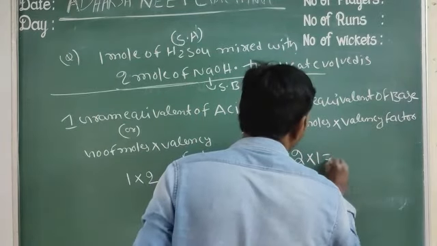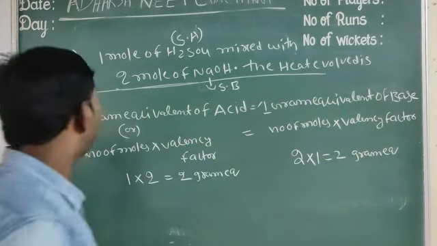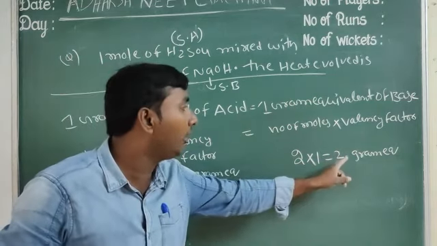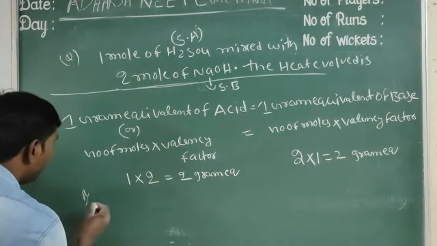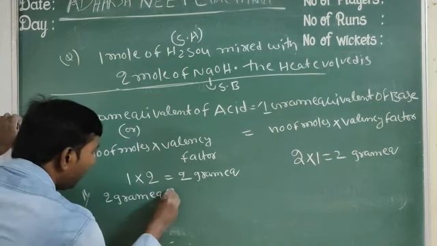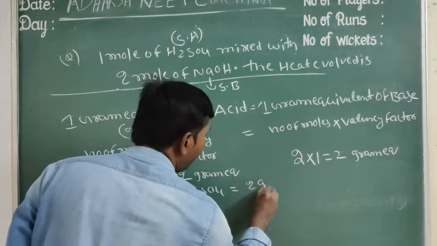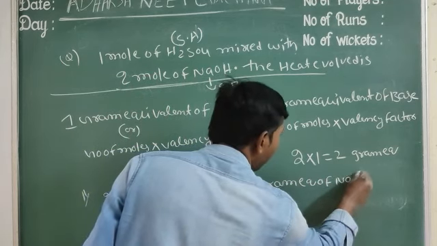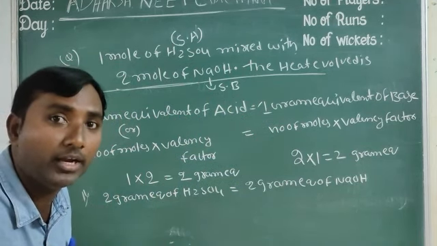That's why 2 into 1 equals 2 gram equivalents. So H2SO4 equals 2 gram equivalents, NaOH equals 2 gram equivalents. That's why we write 2 gram equivalents of H2SO4 equals 2 gram equivalents of NaOH. So 1 gram equivalent of acid equals 1 gram equivalent of base.